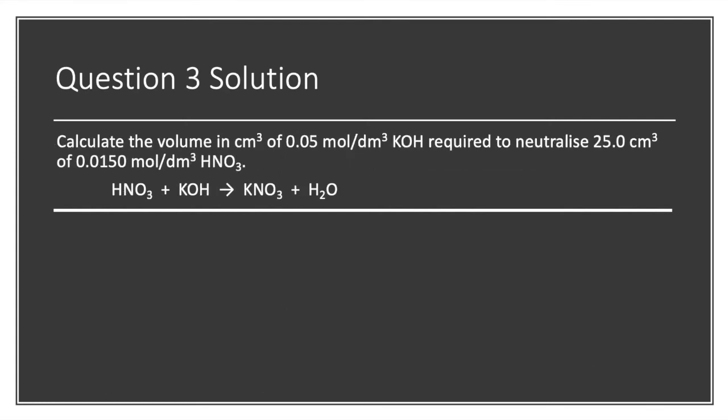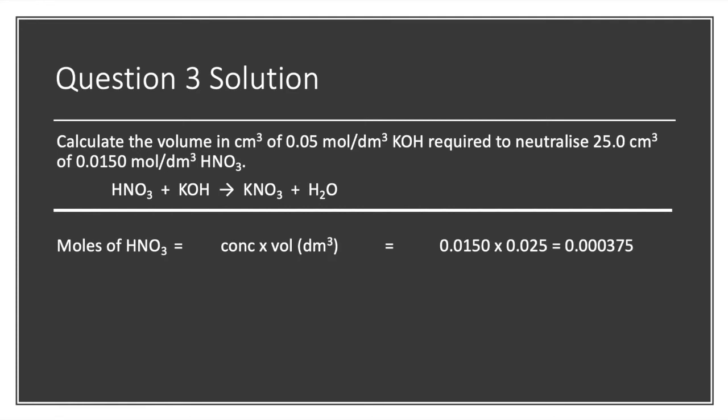So let's go on to question 3, and we now need to calculate the volume in centimeters cubed of potassium hydroxide required to neutralize 25 centimeters cubed of 0.015 moles per decimeter cubed nitric acid. So we've got a volume and a concentration, so we can find our moles of nitric acid.